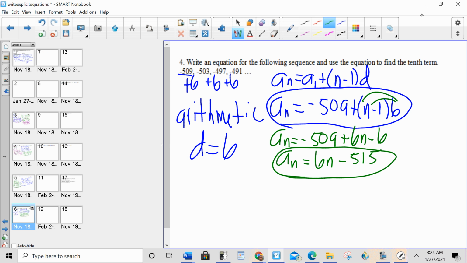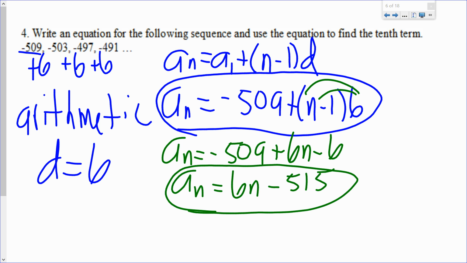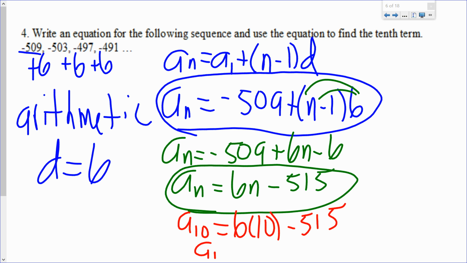Now, to find the 10th term, I'm going to replace n with 10. So I'm going to do a_10 equals 6 times 10 minus 515. I think I know what that is. It's giving me a little bit of a headache. Negative 455, I think.